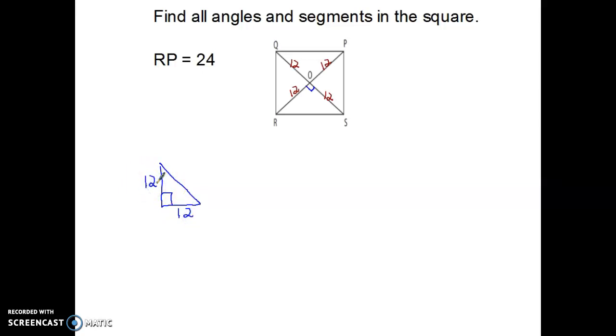I can use the Pythagorean theorem to try to find my missing length. And I'm just going to use, let's say we're using this triangle here. So I'm going to try to find what the length of RS is, and RS is my hypotenuse.